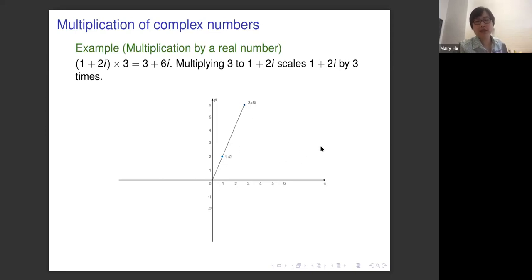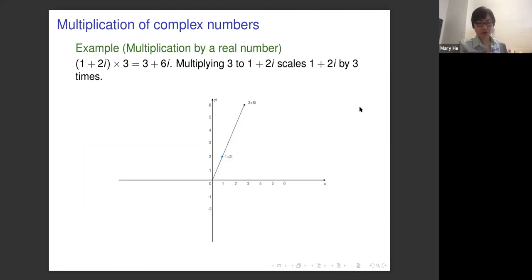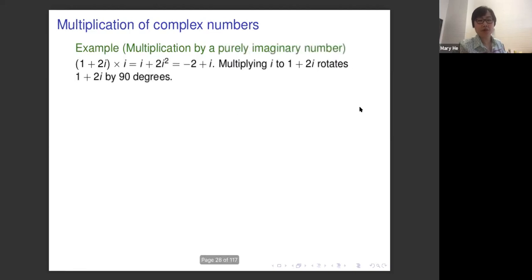So this is basically saying if we multiply a real number to a complex number, the effect is basically to scale this complex number by the real number, right? So the real number here is 3. So pictorially, you take the point 1 plus 2i and stretch it by 3 times because we multiply by 3. So this is our first example where we can see how multiplication by a real number works.